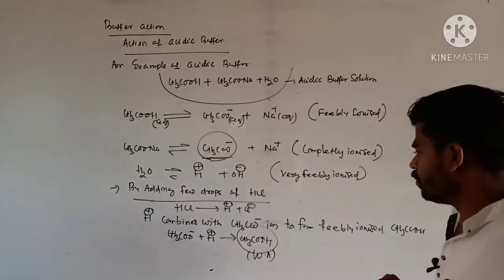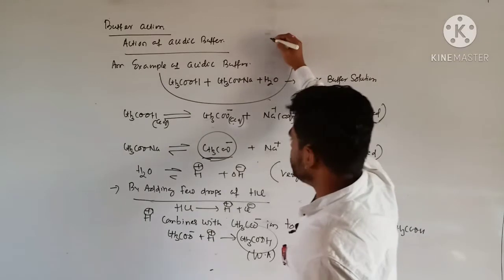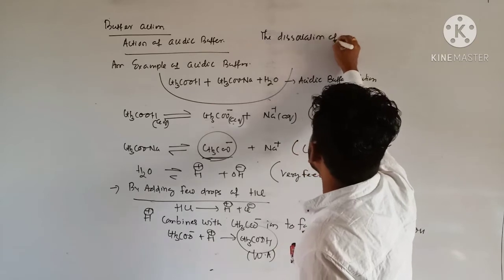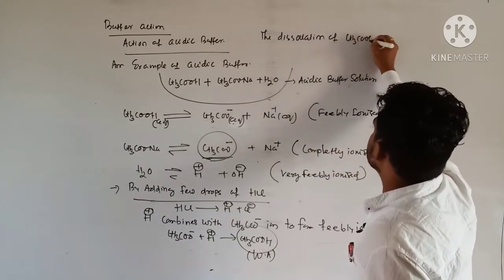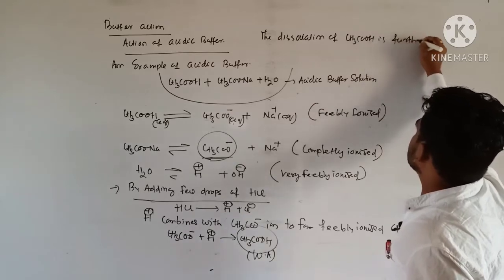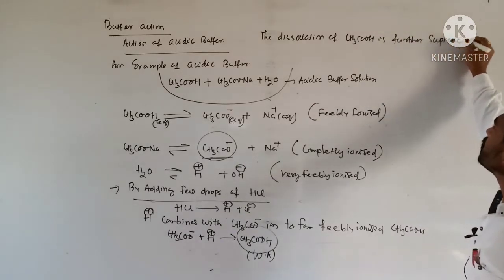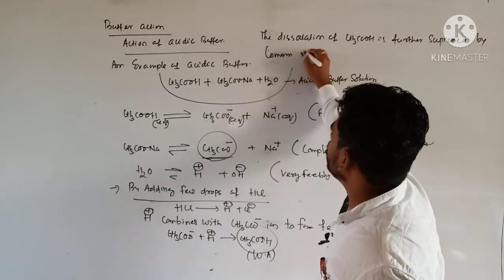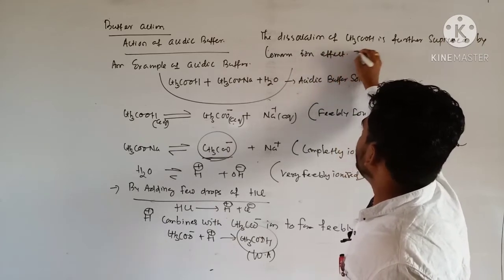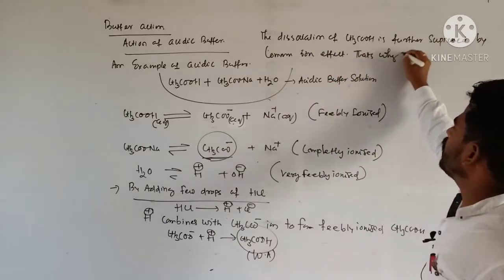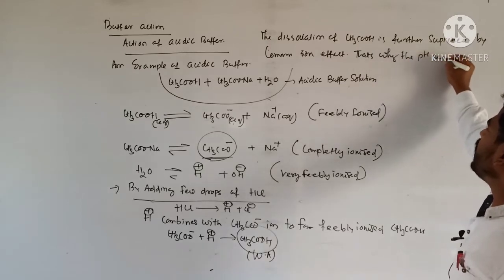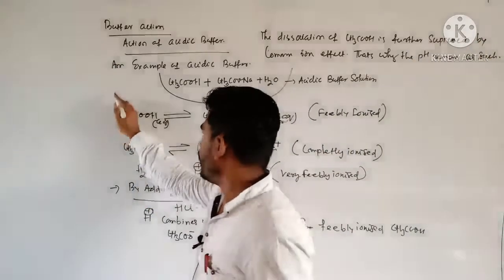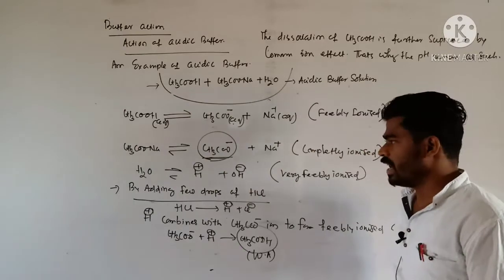Understand? So you just write down after this, the dissociation of acetic acid is further suppressed by common ion effect. That's why the pH remains as such.